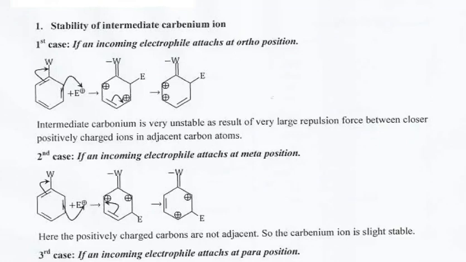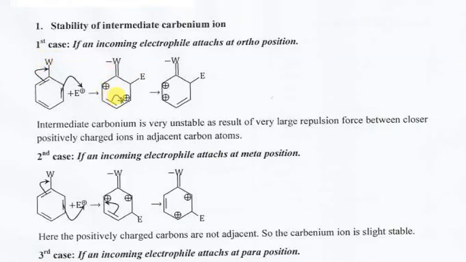Now in the second case is the stability of the intermediate carbonium ion. Kwa if the incoming electrophile akiattach kwenye ortho position, tunachokiona ni kwamba akiattach kwenye ortho, maana yake huyu hapa akibreak bond kwenda kusupply kwa ile pale, tutakuja kuform hapa. Lakini pia hii bond ikibreak kwenda kusupply kwa ile pale, positive charge itakuwa formed pale.